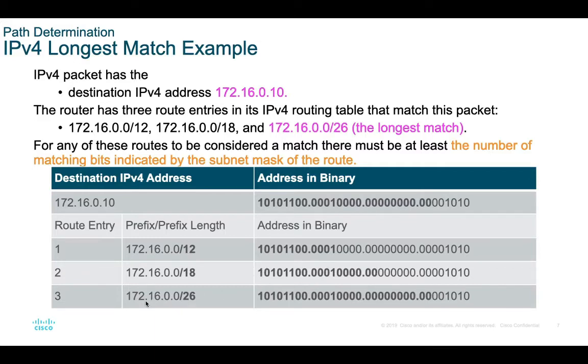But we have another entry, 172.16.0.0/26. With this entry, we also have a match for the first 26 bits. So here we call it the longest match. So in order to reach this network, we must go to this entry. The router will forward to this network. That's what we call a longest match.